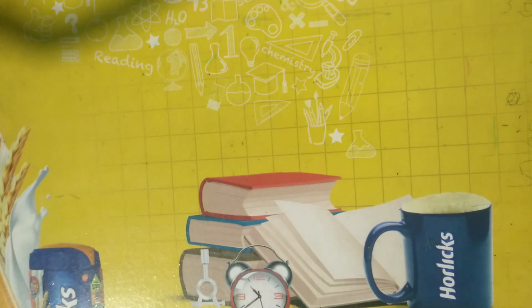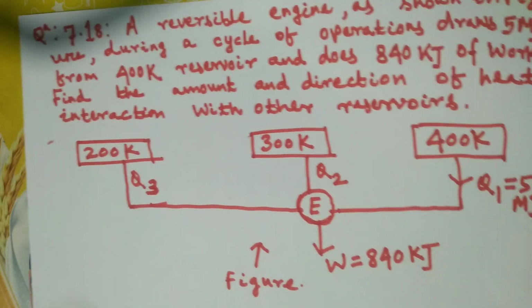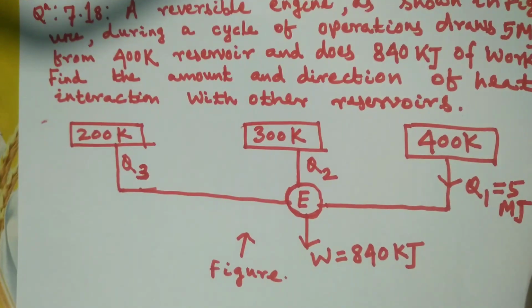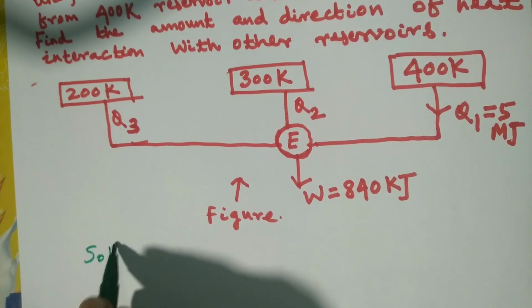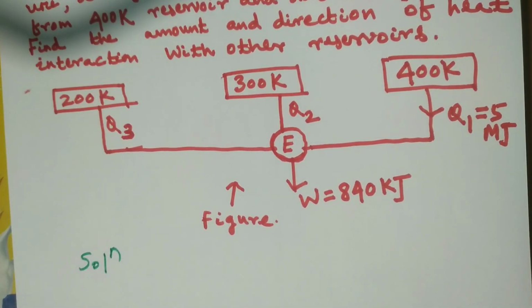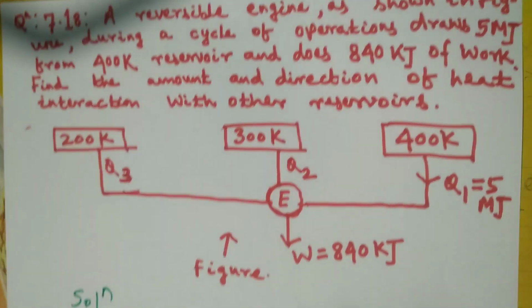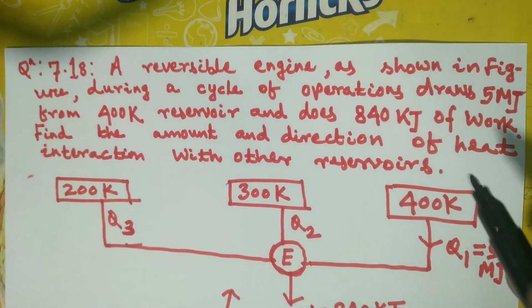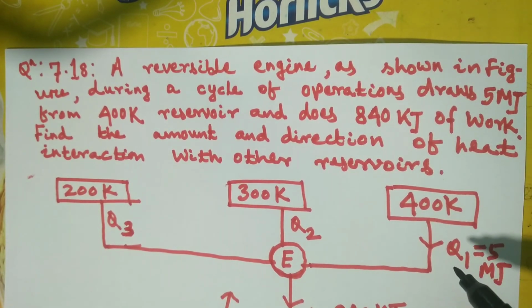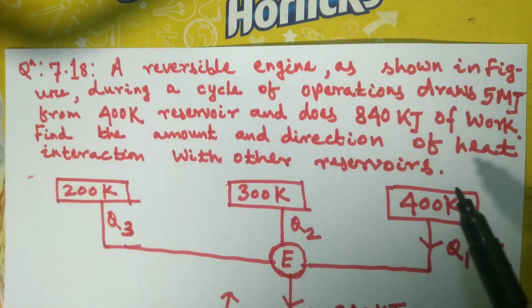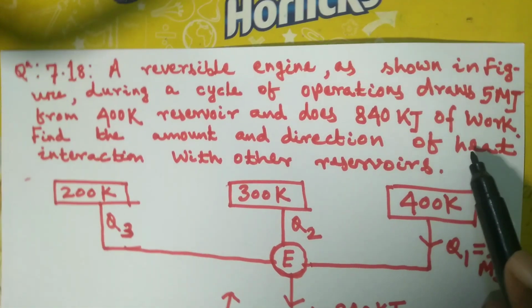So the next question is 7.18. A reversible engine, as shown in the figure, during a cycle of operations draws 5 megajoule from a 400 Kelvin reservoir and does 840 kilojoule of work.